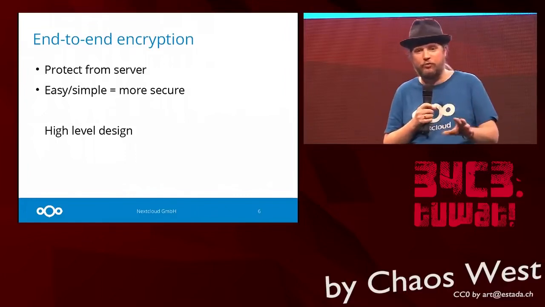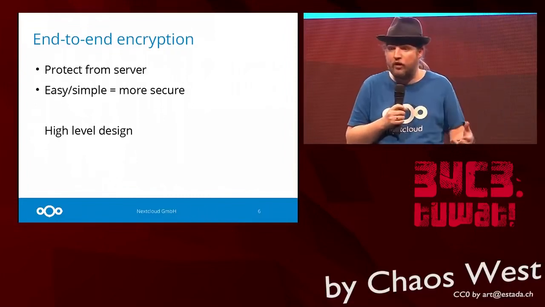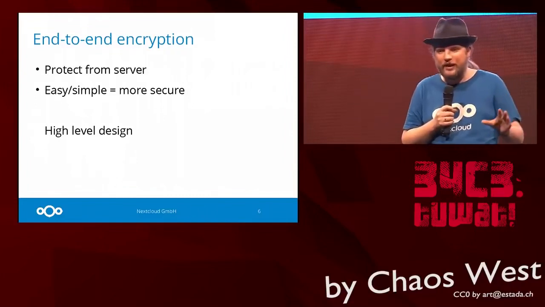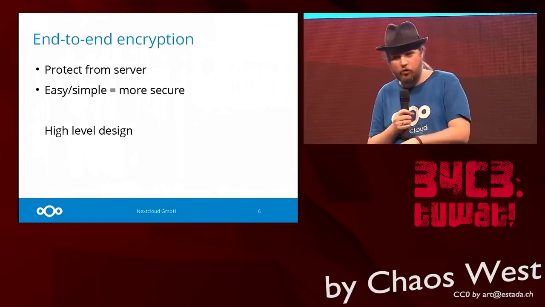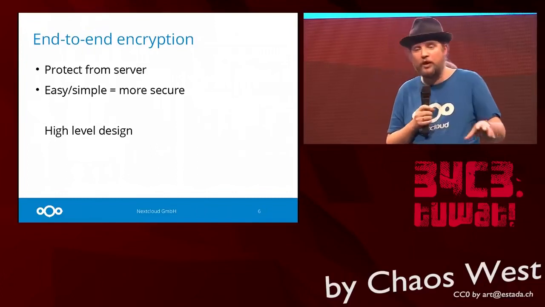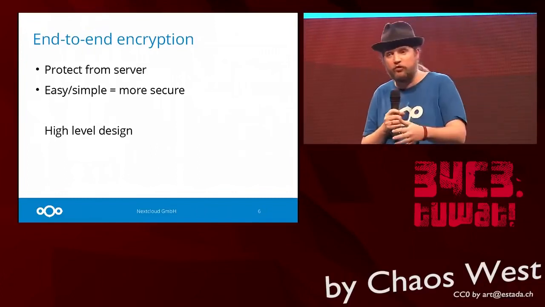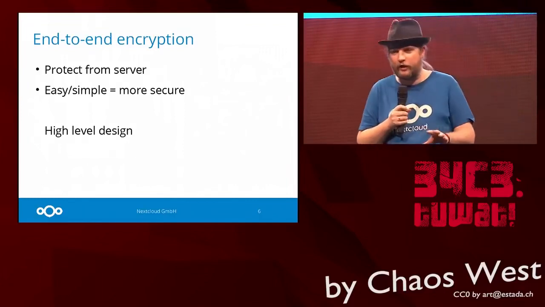But there is a subset of your data, let's say copies of your passport, your driver's license, and other data that you want to really be sure stays only yours. Now, of course, then you can just not put it in Nextcloud, but maybe you still want to sync it between your laptop and your desktop and your mobile phone. This is essentially the use case for the end-to-end encryption.